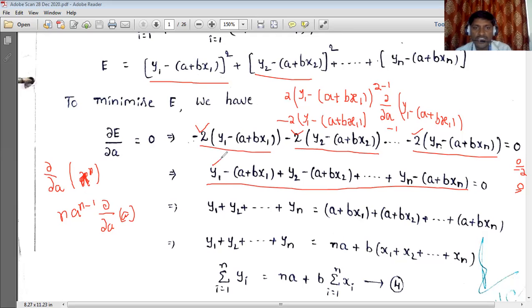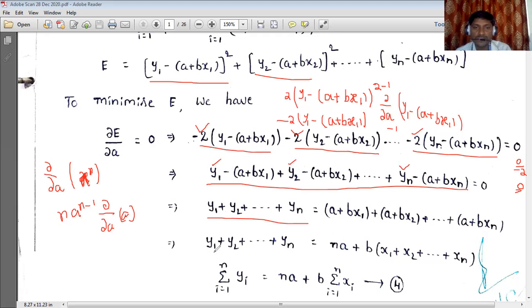First we write all the y terms in one bracket: y1 plus y2 plus y3 and so on plus yn. Here there is a minus sign, so when it goes to the right hand side it becomes plus: a plus bx1 plus a plus bx2 and so on plus a plus bxn.